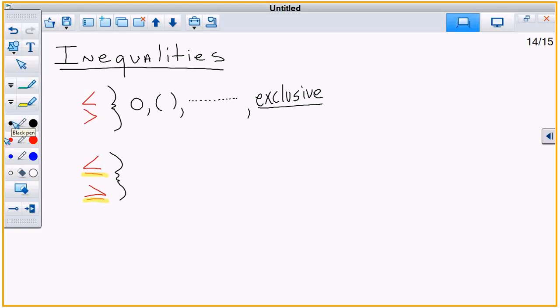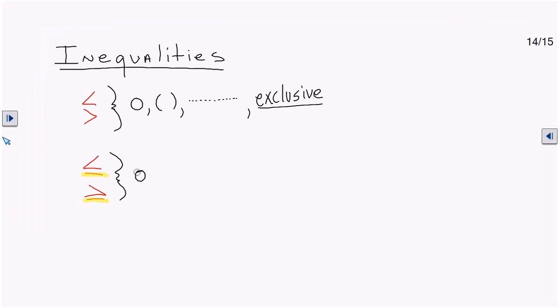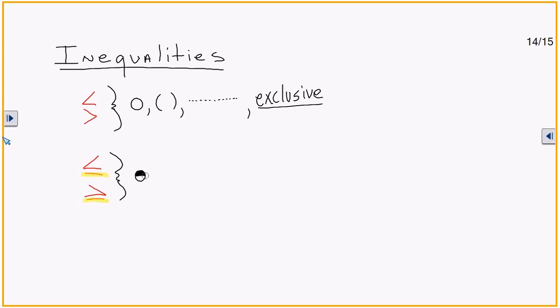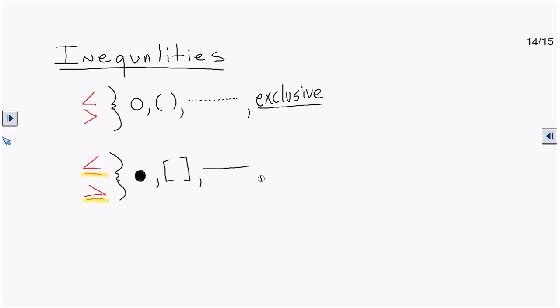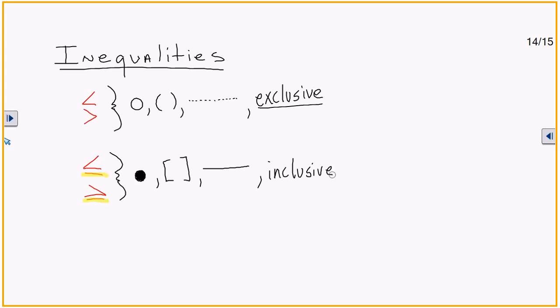So that means they get a filled in circle if you're on a number line, or a set of brackets if you're writing an interval notation, or if you're graphing on a two-dimensional graph, they get a solid line, and the word that goes with these two is inclusive, meaning that you include the number. Now, that is what you have to remember with inequalities.